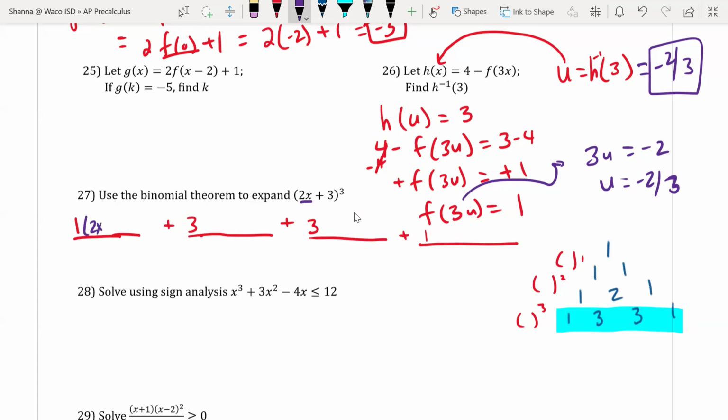So it's going to become 2x to the 3, then 2x to the 2, then 2x to the 1, then 2x to the 0. For my B term, I'm increasing its power. So for my B term, it's going to start off as 3 to the 0, 3 to the 1, 3 to the 2, and 3 to the 3.